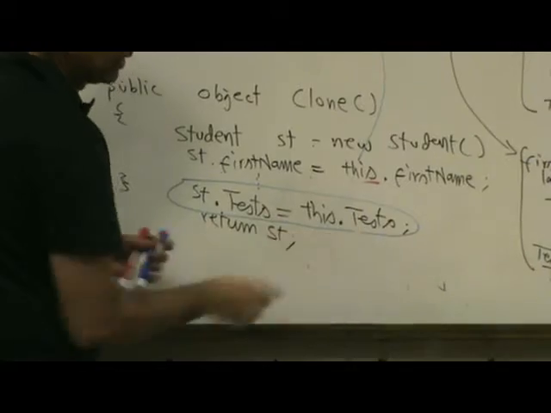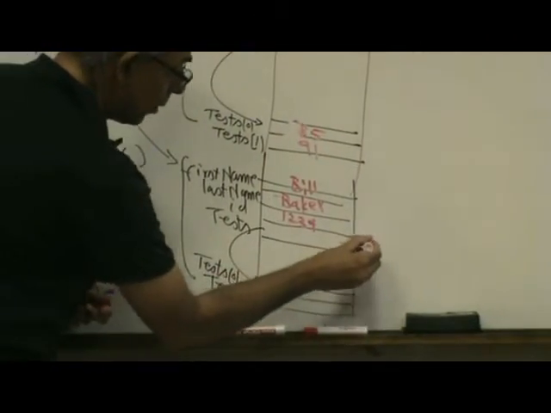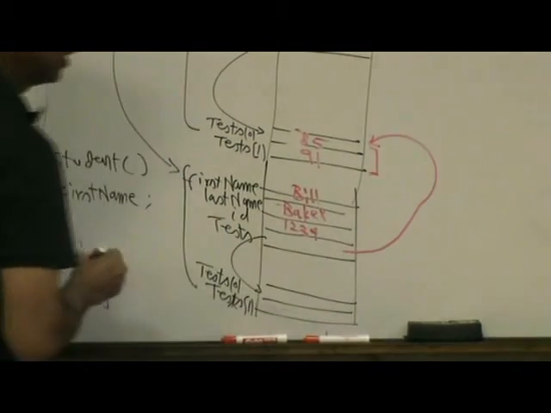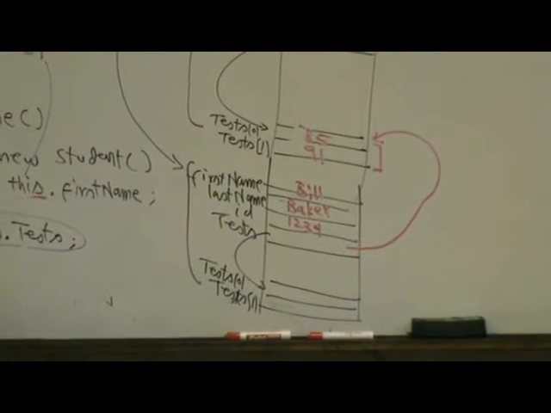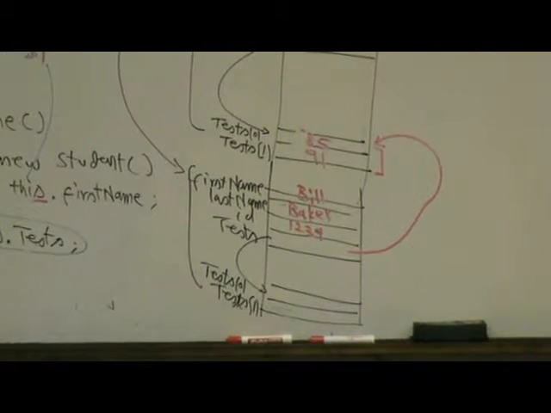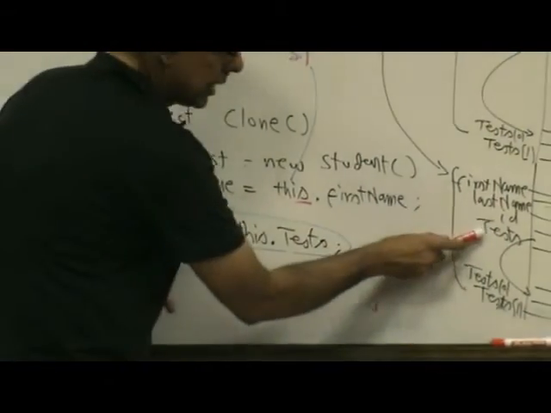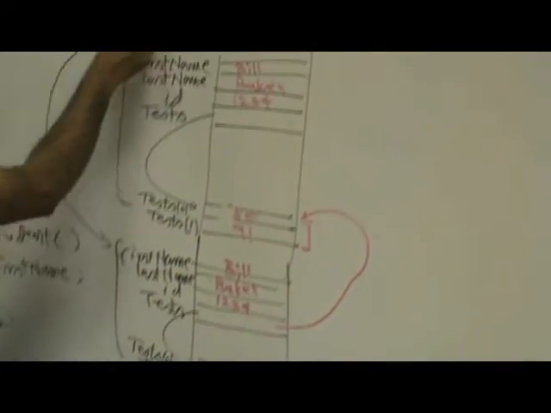So we are saying ST.tests equal to this.tests, right? So all it will do is make this point to this memory. Remember, if it's a reference type, they both point to the same memory. So at this point in time, the tests in ST is also pointing to the same memory as tests in S1. So both of them are pointing over here.